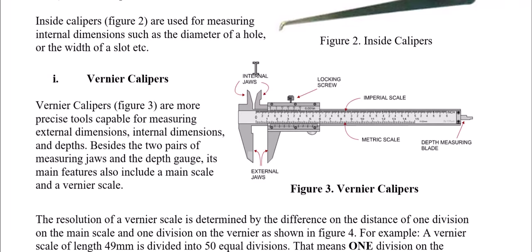For instance, here we can measure the internal diameter, here we can measure an external diameter, and here you can measure the depth of the hole or the workpiece. So it is actually used to measure some dimensions, but all are linear dimensions.